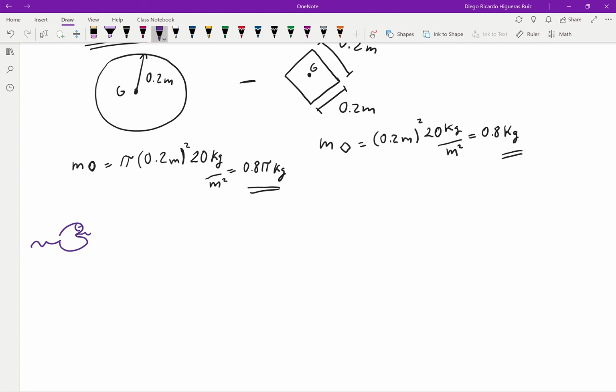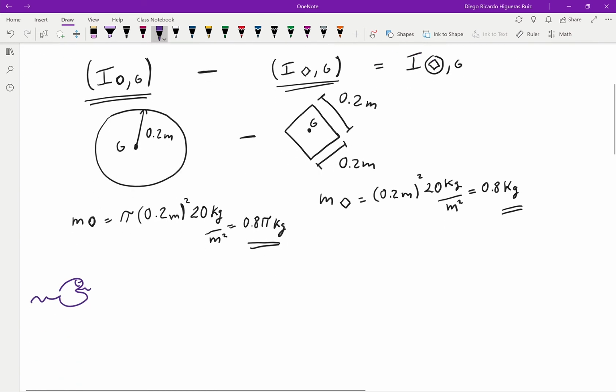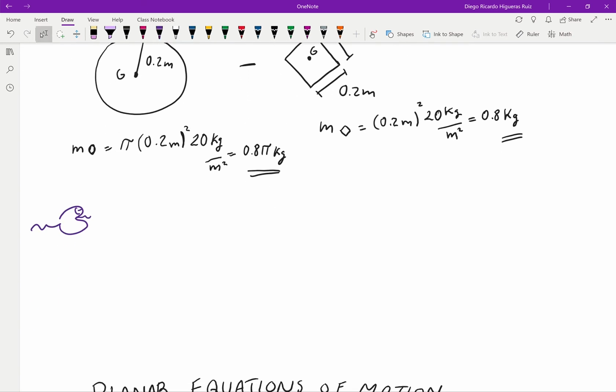So, alright, the mass moment of inertia, the first term for the plate, is gonna be equal to 1/2 times the mass in kilograms, that's calculated right there, multiplied by the radius squared.